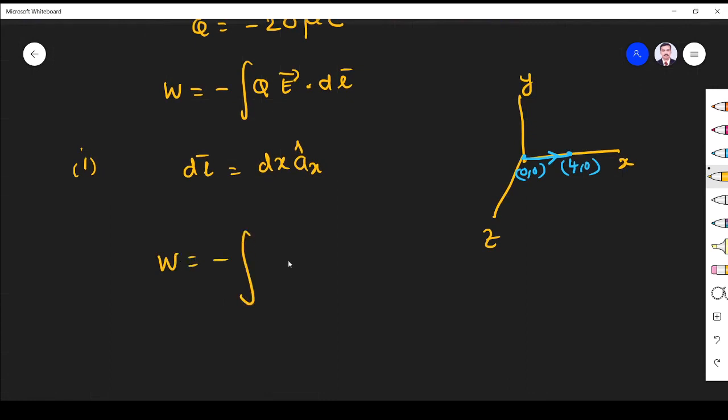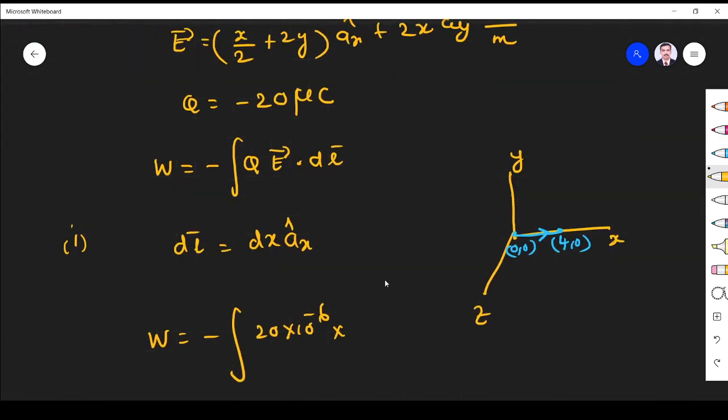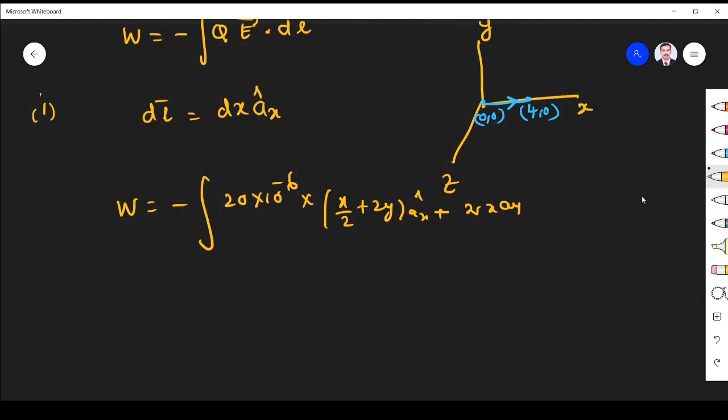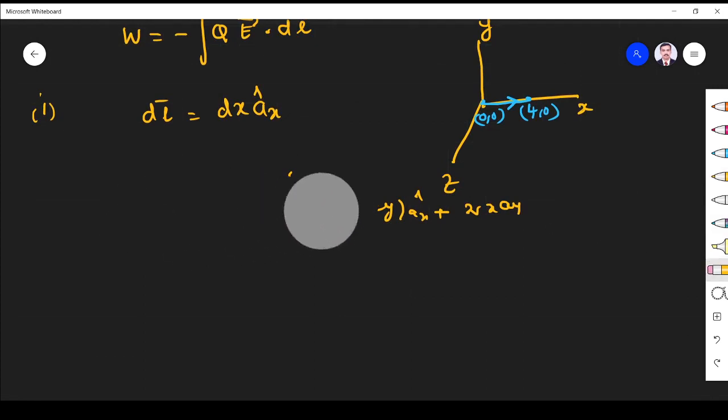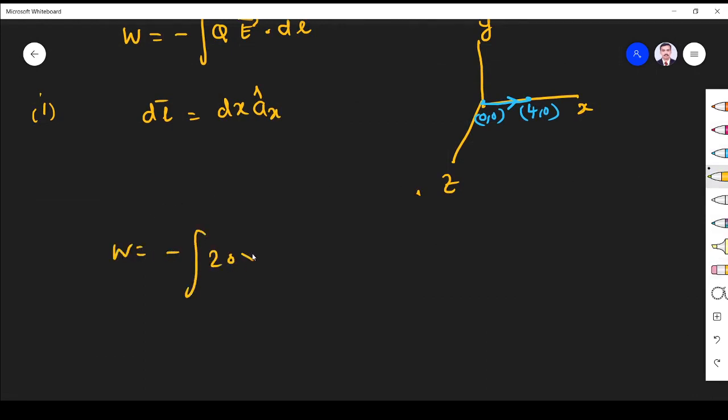W = -Q, where Q is 20 microcoulomb, 20 × 10^-6, times E, which is given by (x/2 + 2y) ax + 2x ay. I write again.